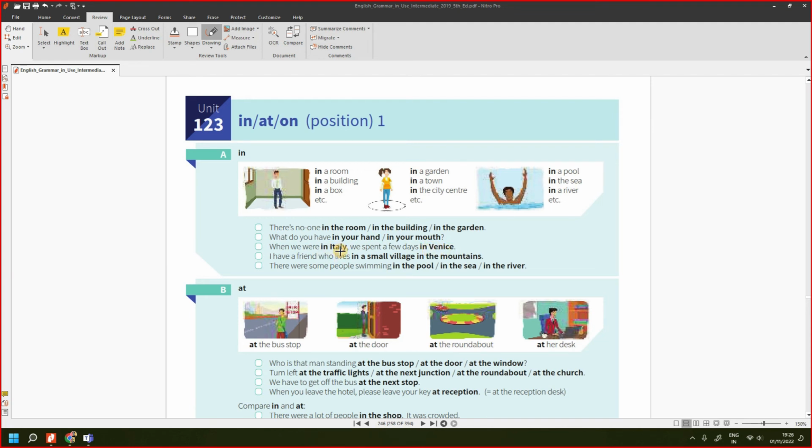So in Italy, another important thing that you have to understand is that for big places you will use "in." If I'm going to talk about a town in Italy, Italy is a country, a state or a city, then I will use "in." But if I want to talk about a particular village or a particular town inside, I will say "at."